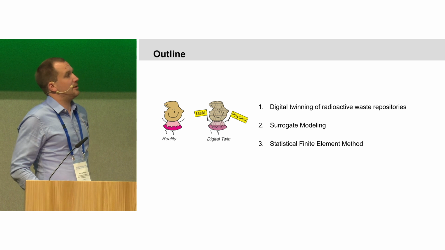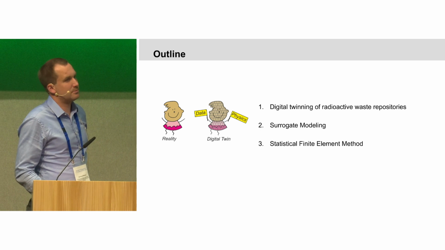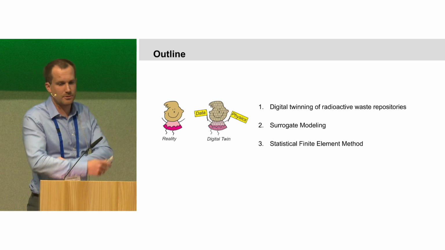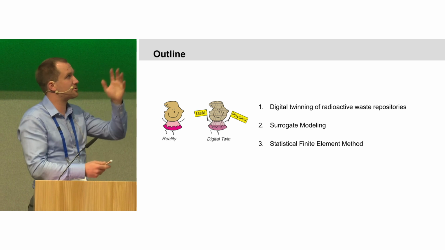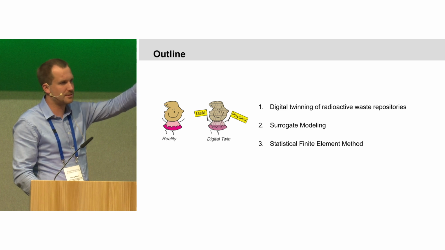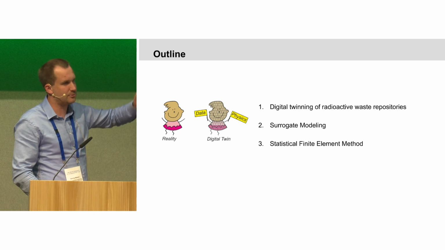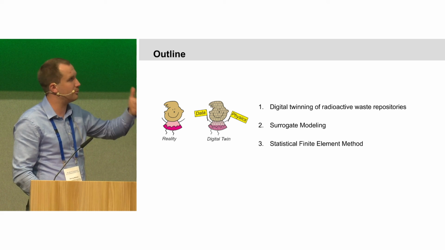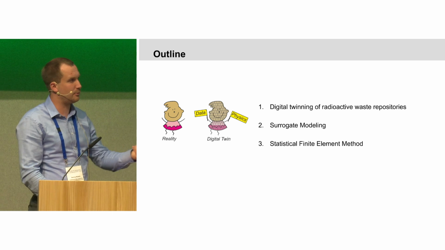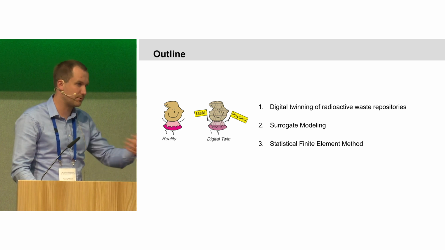Okay, then I already want to come to a conclusion and summary. So I had 3 sections here in my talk. The first was digital twinning of radioactive waste repositories. We need to calibrate our numerical models. We need to optimize parameters of our numerical model in order to make them useful in practice.